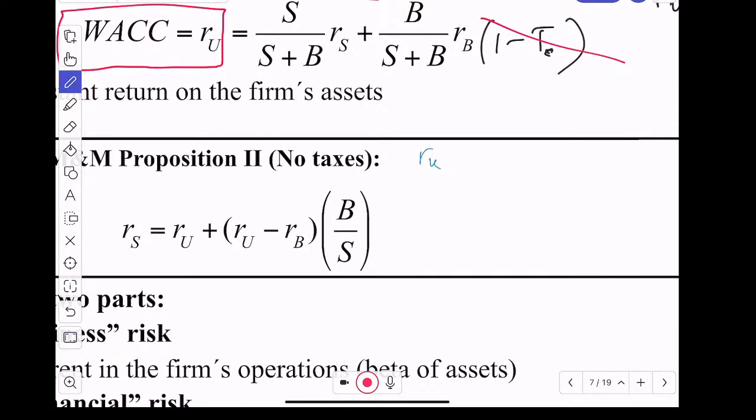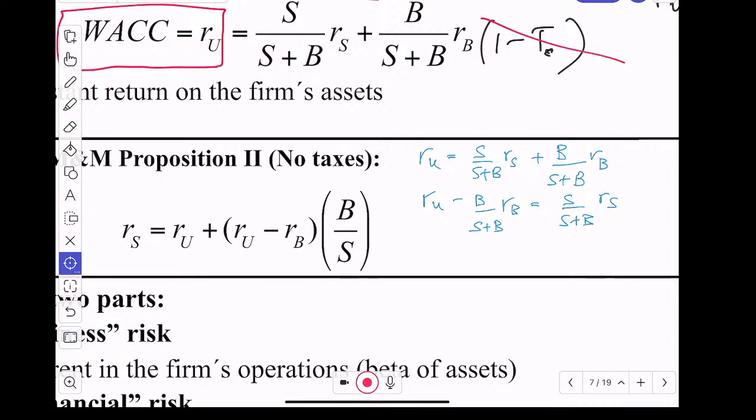So RU equals S over S plus B times RS plus B over S plus B times RB. What we're going to do is try and show the different perspectives. Rearranging this to solve for RS, I'm going to put RU minus B over S plus B times RB equals S over S plus B times RS. Everybody okay with that? I've just moved this over here.